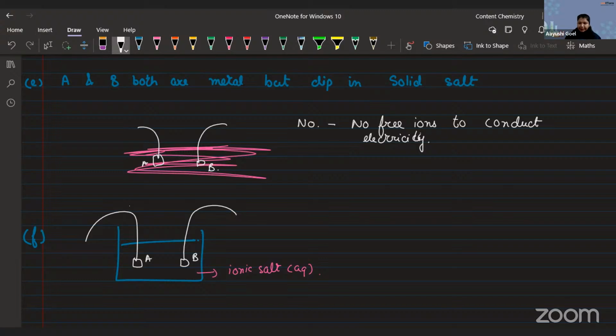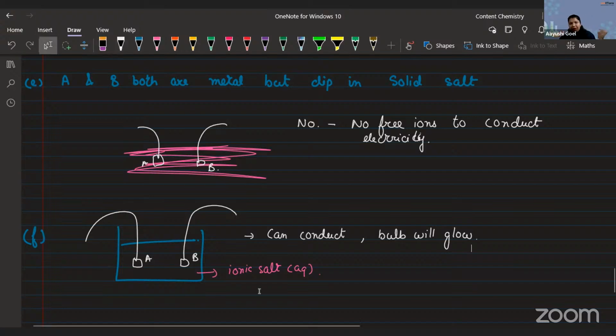So the bulb will glow. Is this part clear to everyone? These are the various types of questions and activities they can ask you in the chapter on chemical reactions, and they are all interrelated with each other.